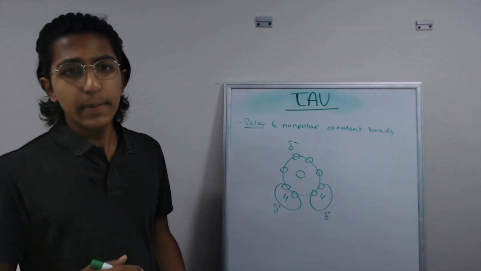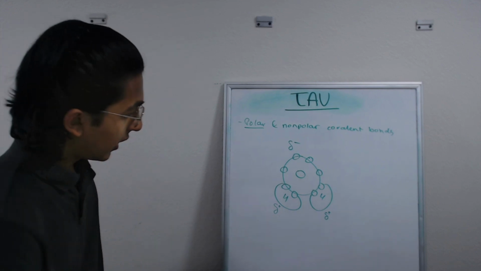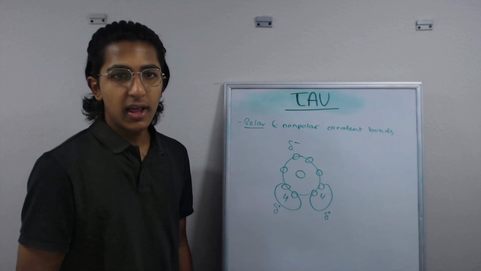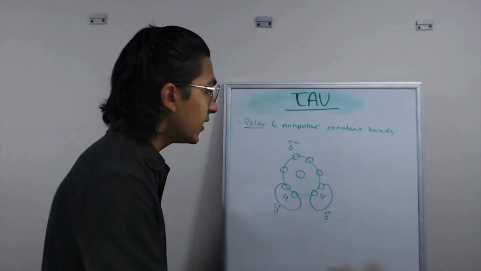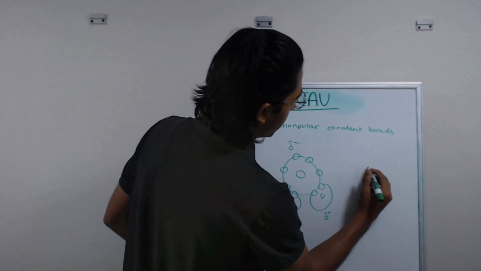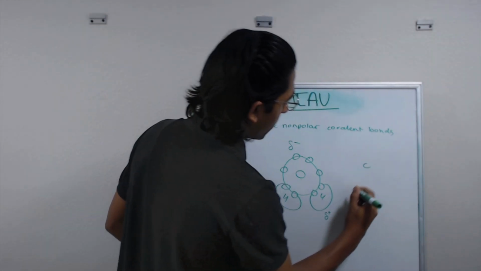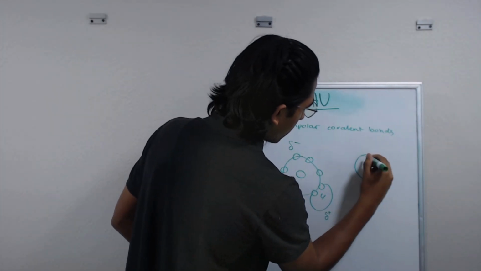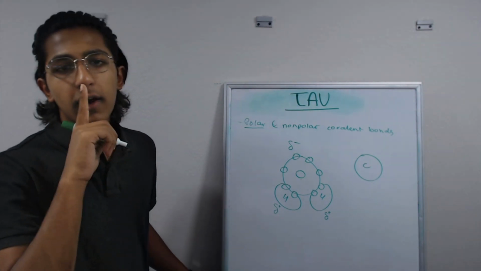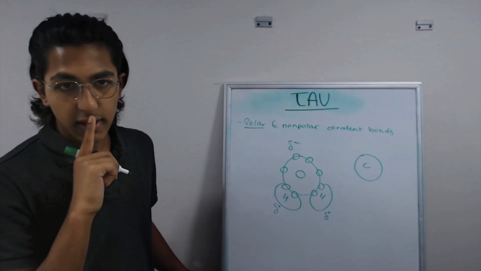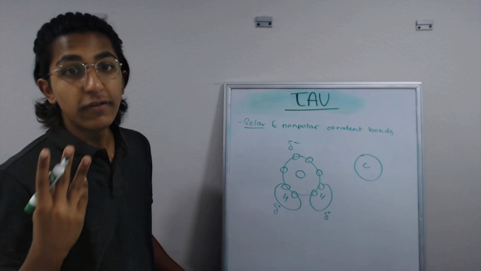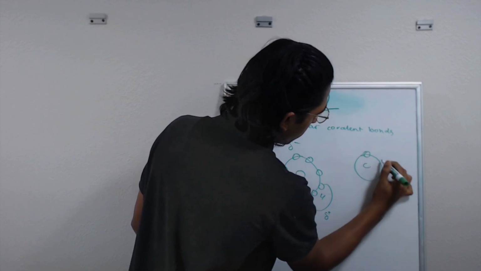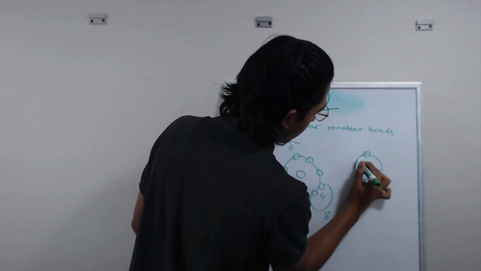Well, let me give an example of a symmetrical bond. CO2, you might recall, is carbon dioxide. So let me draw the picture for that. So you have carbon. Carbon is number 6, which means it has 6 minus 2, 4 electrons in its valence shell.